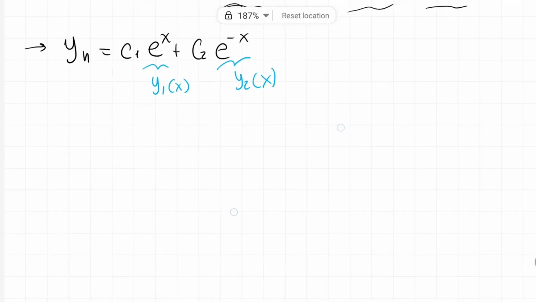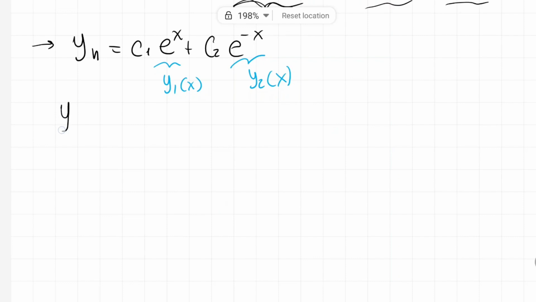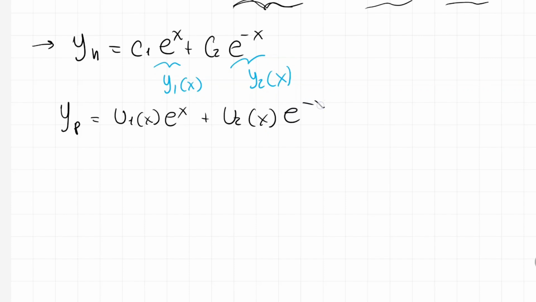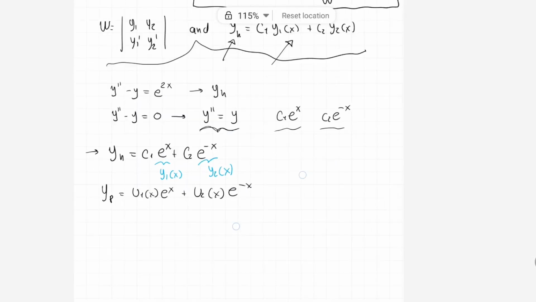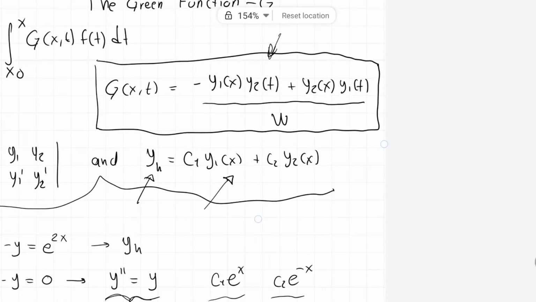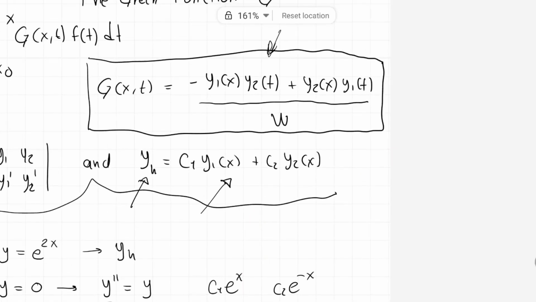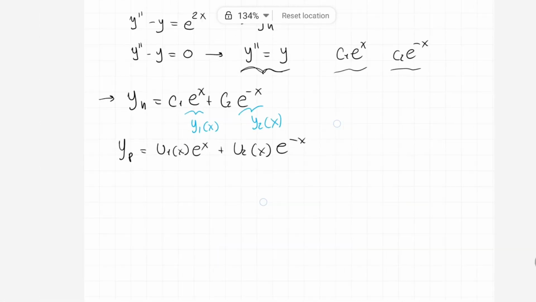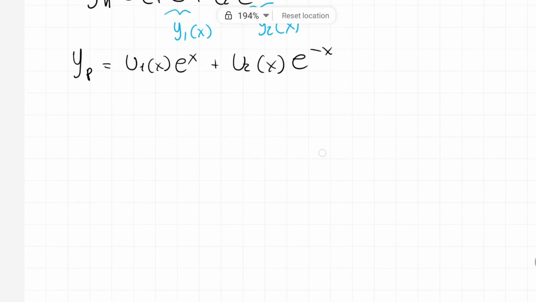So here is where the most interesting thing comes. We know that the particular solution will have the form u1 of x times e to the x plus u2 of x times e to the negative x. And another thing is that we can find the Green function, because we already know y1 and y2.